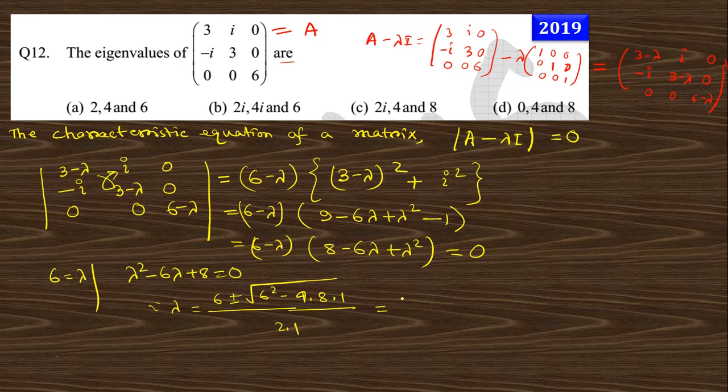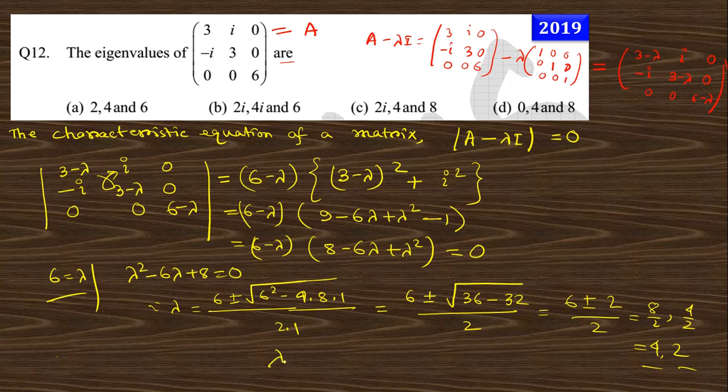This is 6 plus or minus root of 36 minus 32, over 2, which is 6 plus or minus 2 over 2, that is 8 by 2 and 4 by 2, that is 4 and 2. So lambda is 2, 4 and 6. So our answer is option number A.